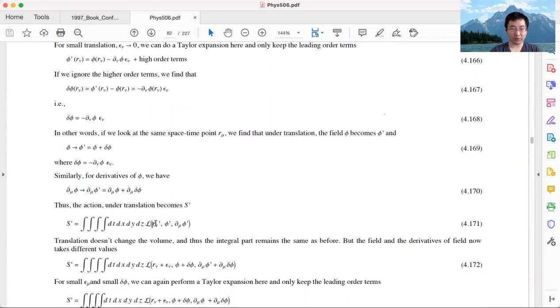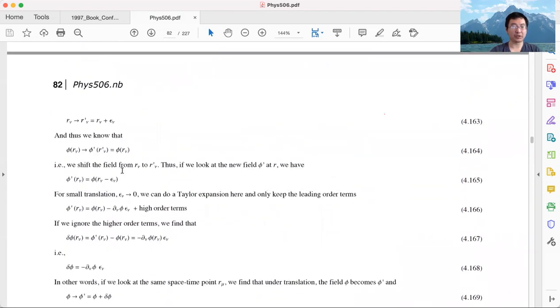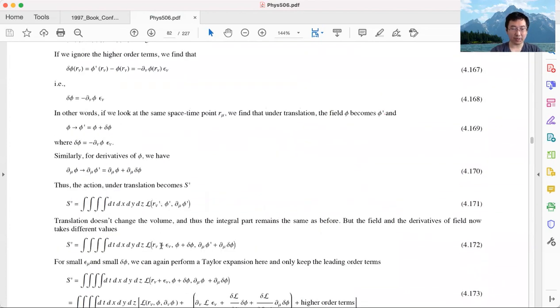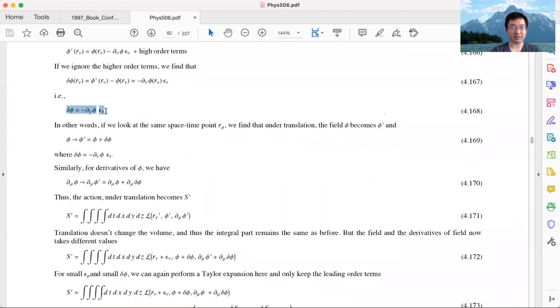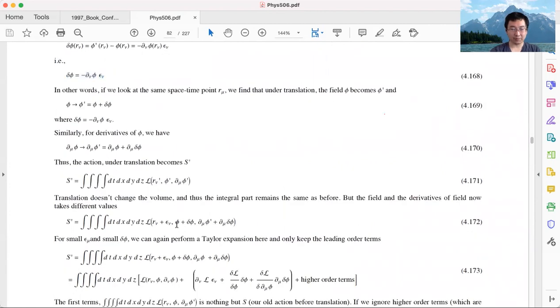And what is R prime? As we just showed here, R prime is R plus epsilon. That's the definition of translation. What is phi prime? Phi prime is phi plus delta phi, as we just showed. And delta phi is this, gradient of phi times epsilon.